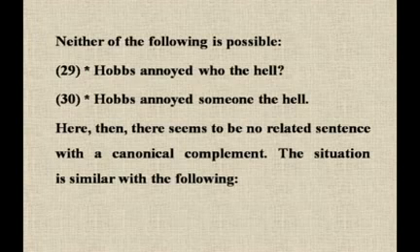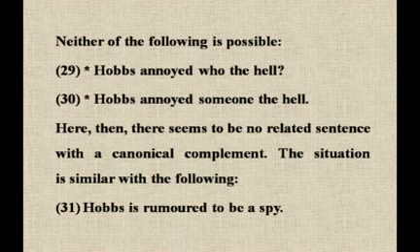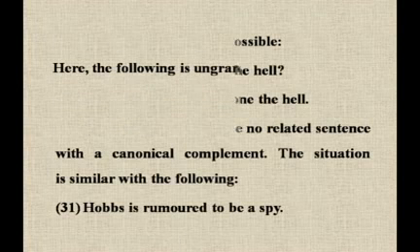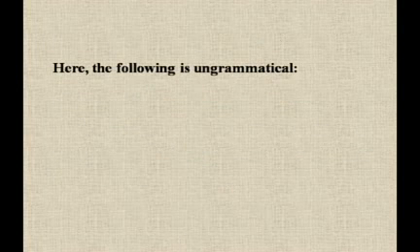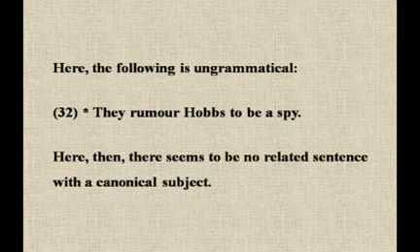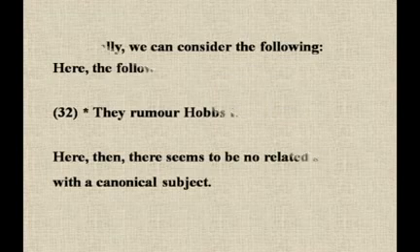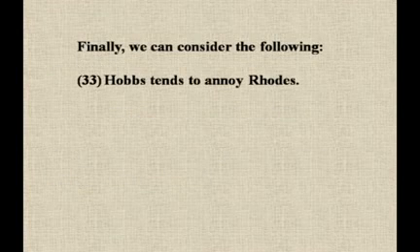The situation is similar with the following. 31. Hobbs is rumored to be a spy. Here, the following is ungrammatical. 32. They rumor Hobbs to be a spy. Here, then, there seems to be no related sentence with a canonical subject. Finally, we can consider the following. 33.